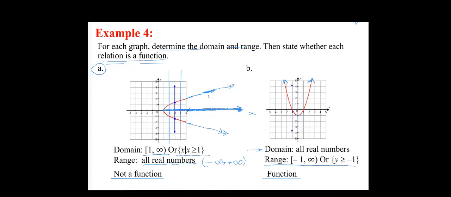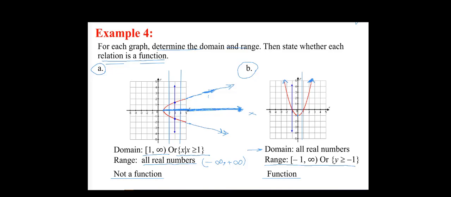Yes, the domain is the x, so it's all real numbers there, from one to the other, right? -1 all the way past. Are we talking about part A or B? Oh, I thought we were on B. Yeah, so for part B, the domain, like we said, is all real numbers, right? Because this graph is going to get wider and wider, pretty much covering everything on the x-axis, right?